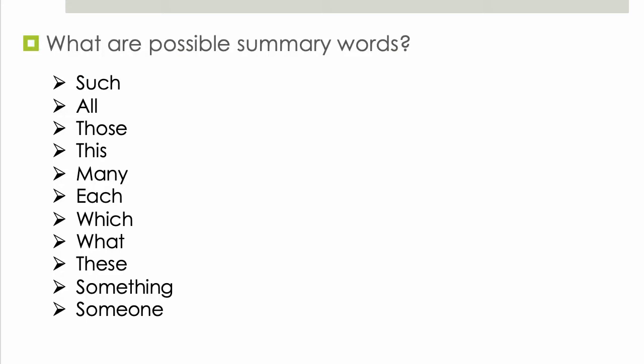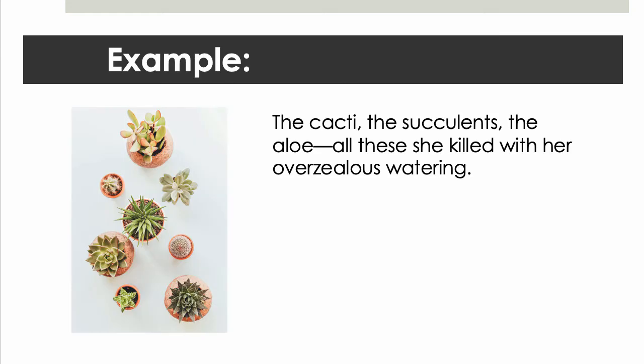What are some possible summary words? Well, here's a list. They come after the list of appositives. A word like such, all, those, this, many, each, which, what, these, something, someone. Summary words tell the reader, okay, I just told you all of these things, and here is my signifier word.